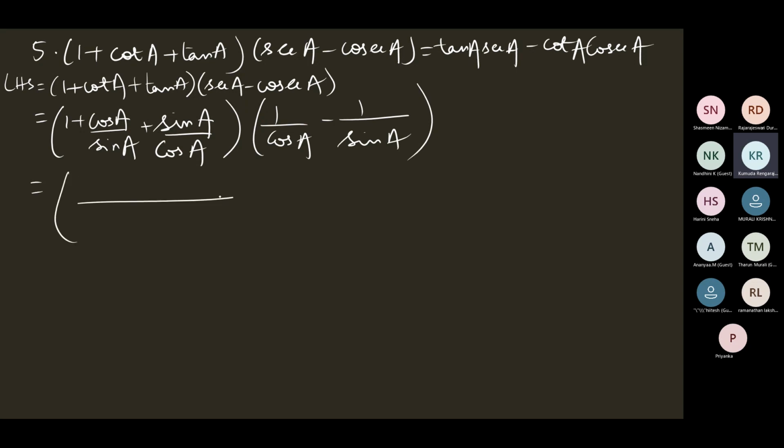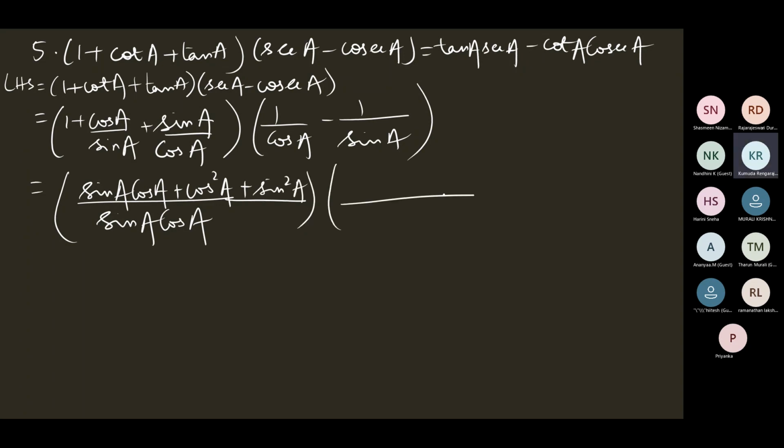Now this will take us to the others. So now LCM, common denominator, sin A cos A. Numerator is sin A cos A plus cos square A plus sin square A. Again, common denominator, sin A cos A, so you get sin A minus cos A. Now, here also do not write sin square A plus cos square A is 1.